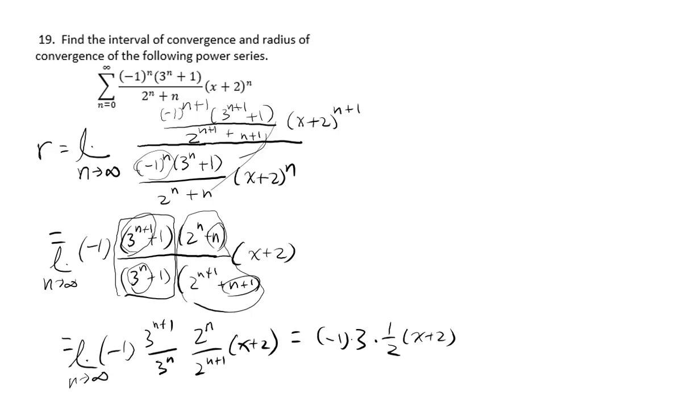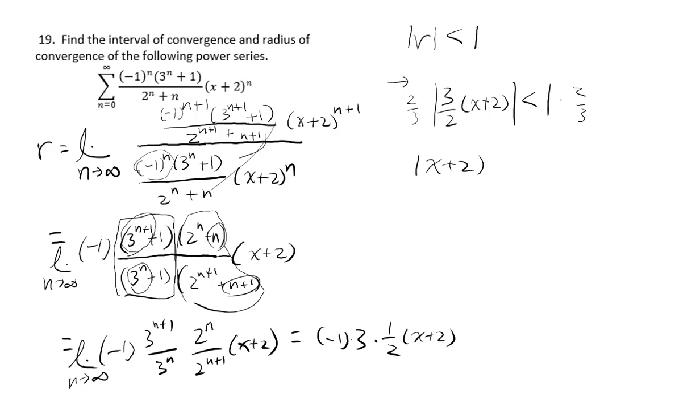Now we need this to be less than 1, so if we take the absolute value of r, it has to be less than 1. So when you take the absolute value of 3 over 2, the absolute value gets rid of negative 1, and then x plus 2 is less than 1. If you multiply 2/3 on both sides, then you get absolute value of x plus 2 less than 2/3.